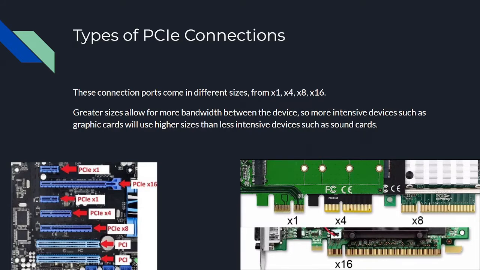On the left here, you see the ports that these devices go into on the motherboard. PCIe X1 is the smallest, X16 is the biggest, X4 is still pretty small, and X8 is bigger. On the right, you'll have the actual ports on the devices: X1, X4, X8, and X16.